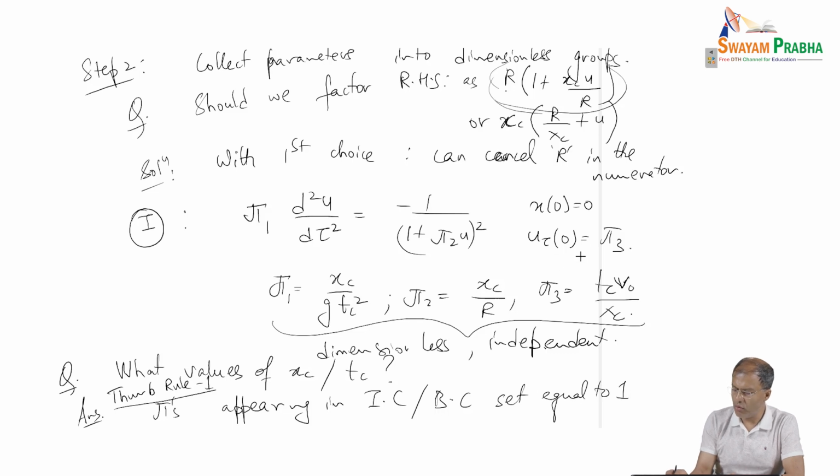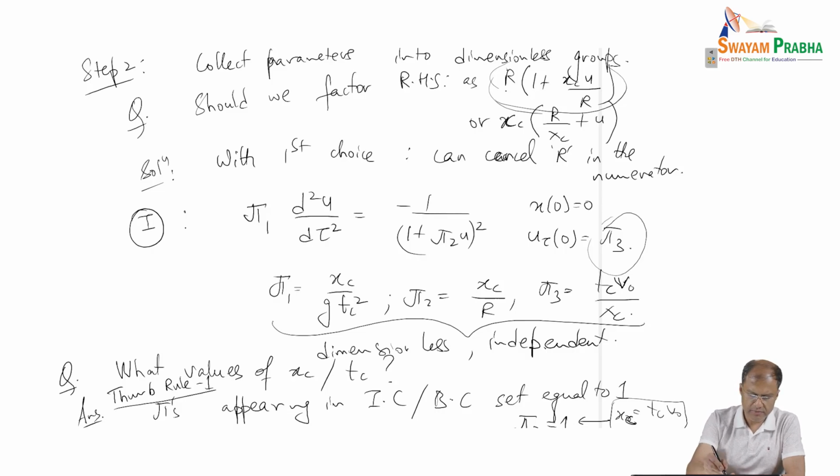So the only pi appearing in the initial condition is pi 3. So here in this problem we set pi 3 equal to 1, and we get one relation that xc is equal to tc times v naught.